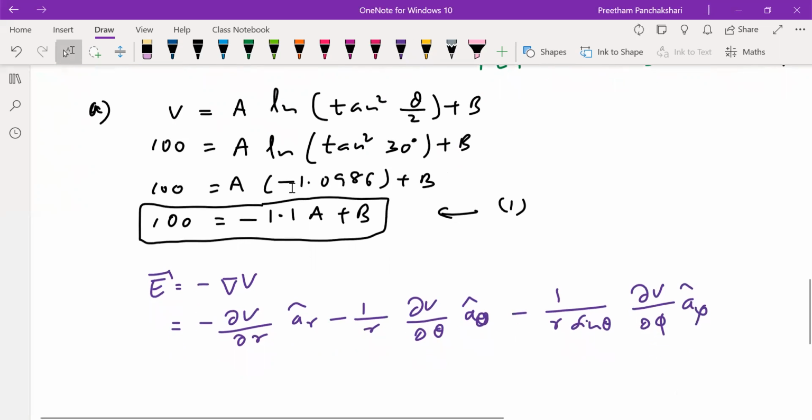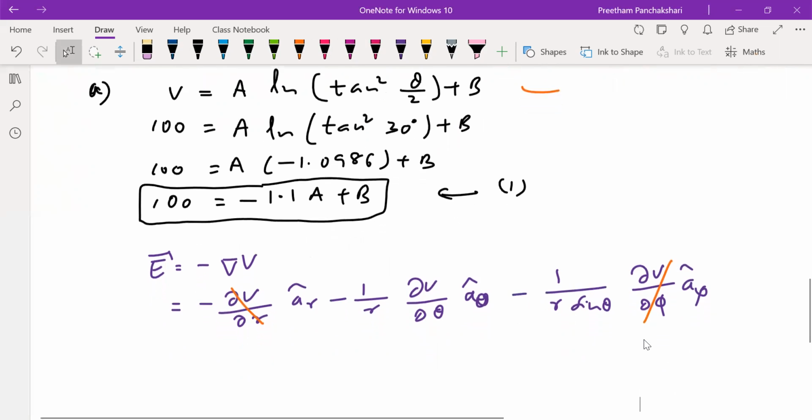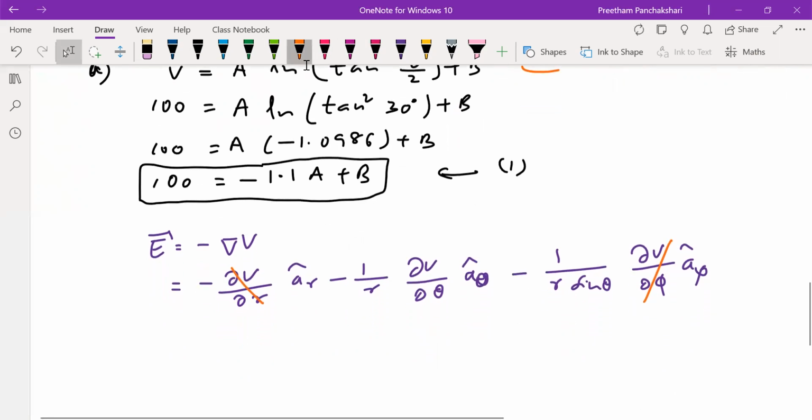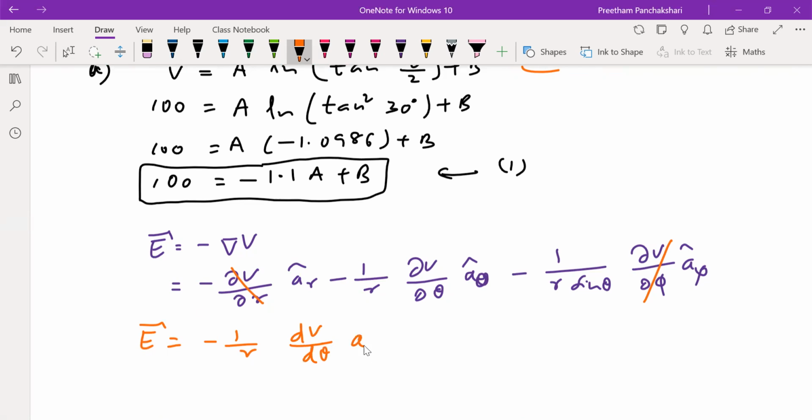And we know that from the equation here itself, V depends only on theta. So dou V by dou R is 0, dou V by dou phi is also 0. So E is given by minus 1 by R dV by d theta.